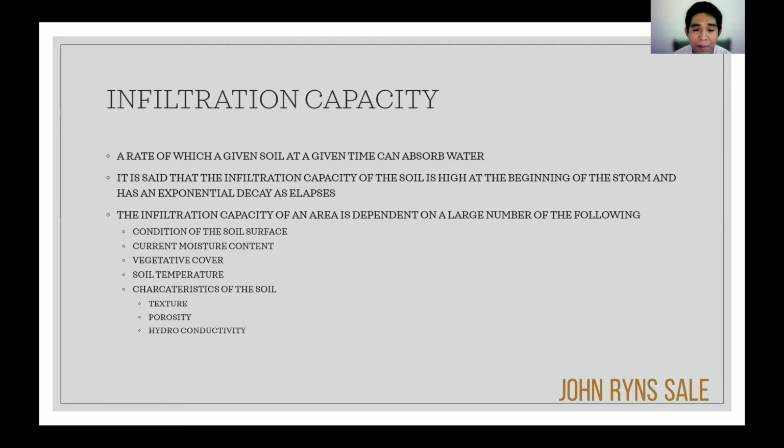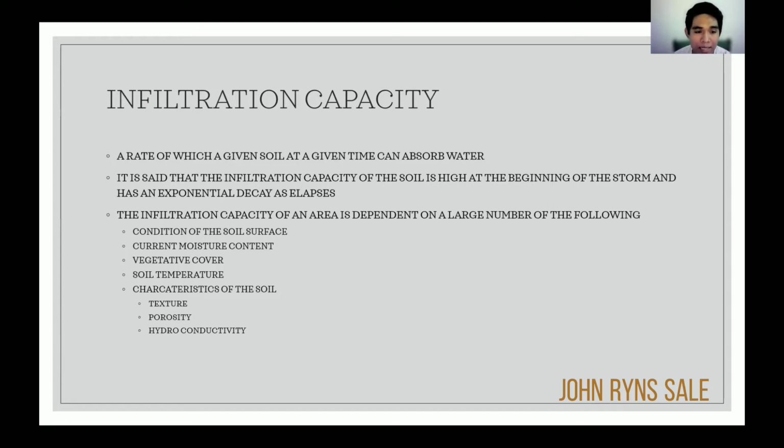The infiltration capacity of an area is dependent on a large number of the following. Condition of the soil surface. Even if the subsoil has excellent under drainage, if at the surface the soil pores are sealed due to turbid water or by inwash of fine soil particles, it may prevent entry of water into the soil and the infiltration rate will be low.